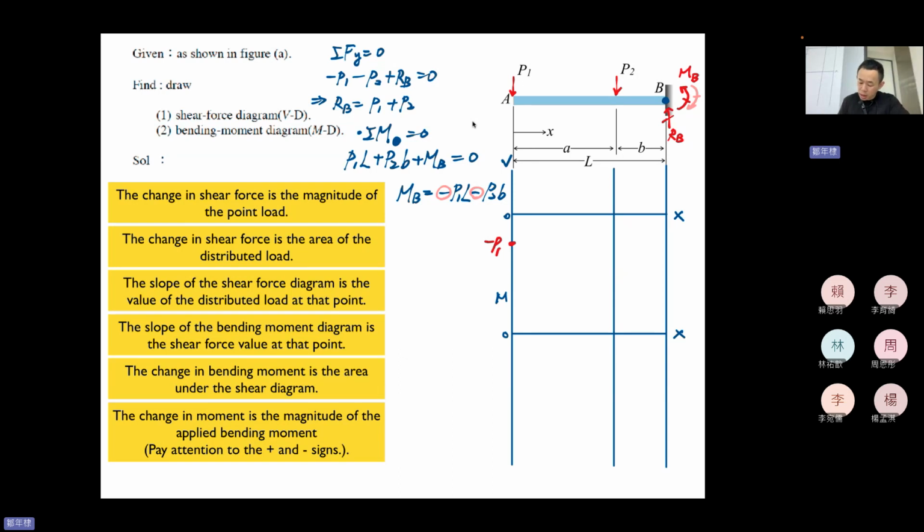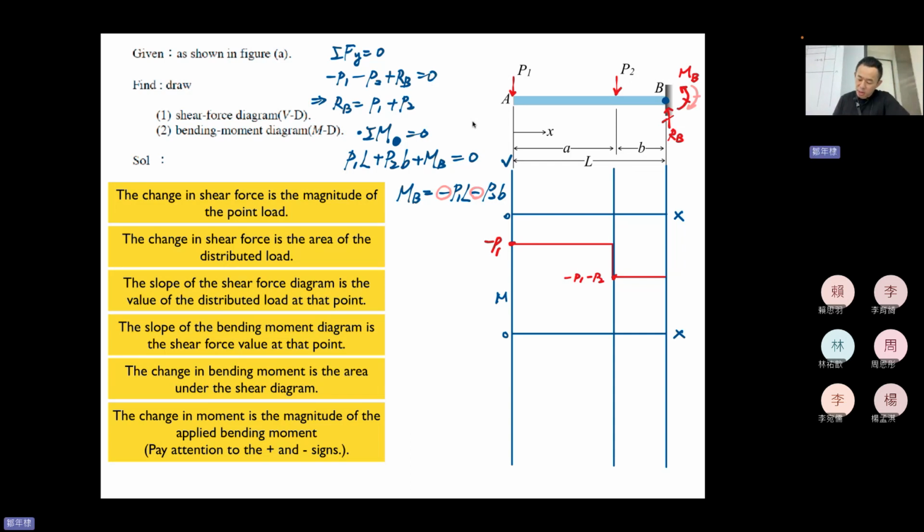Nothing changing in between. And P2 goes further downward, so it will be minus P1 minus P2, and nothing changes in shear. So imagine, this is a really interesting shear diagram, right?